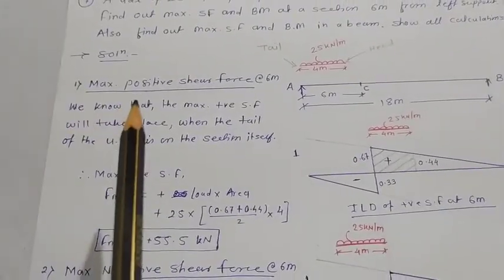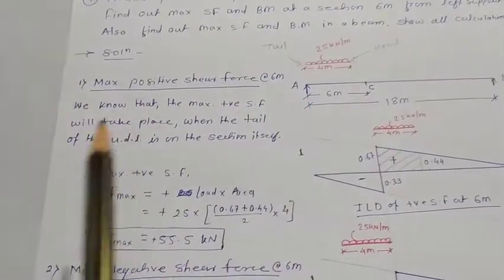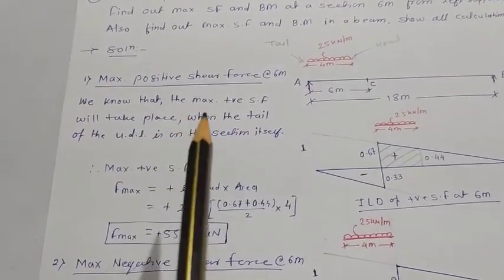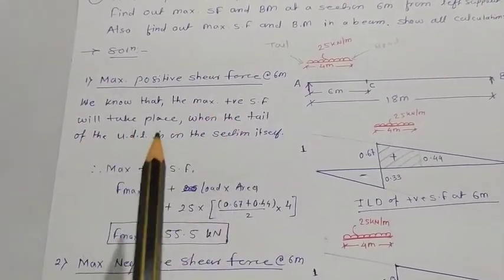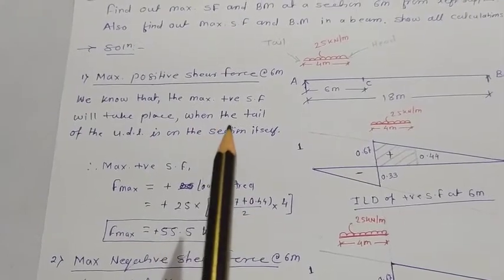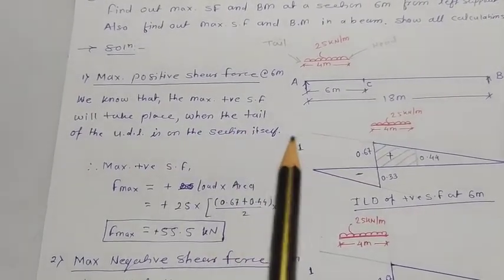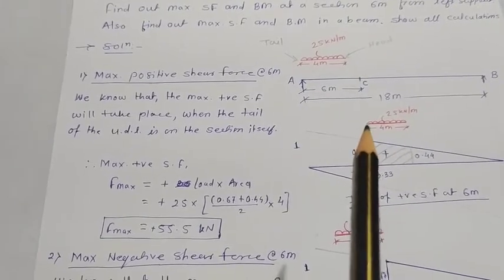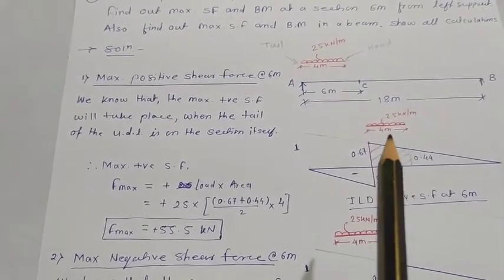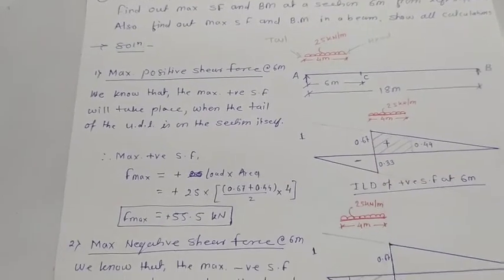So, maximum positive shear force at 6 meter, we know that the maximum positive shear force will take place when the tail of the UDL is on section itself. Okay. If I place my UDL tail on this point, so positive shear force we can calculate.